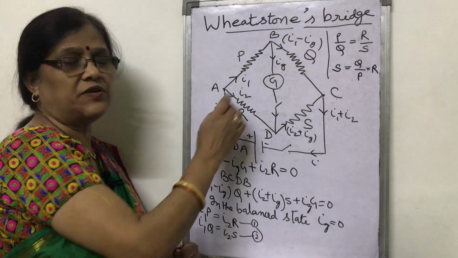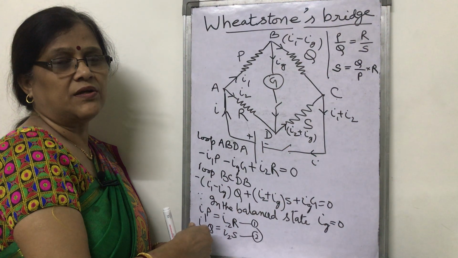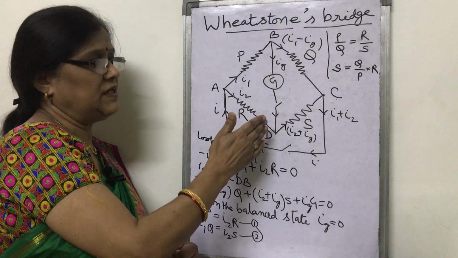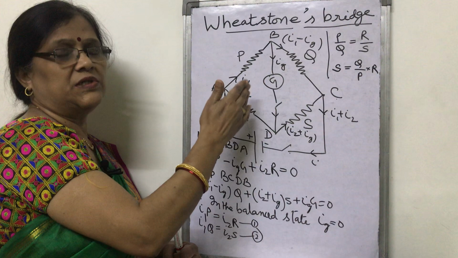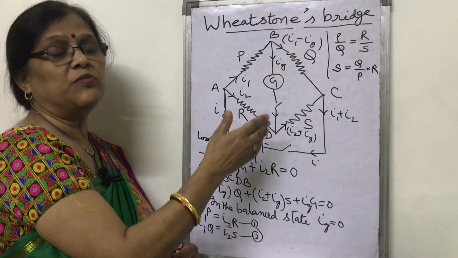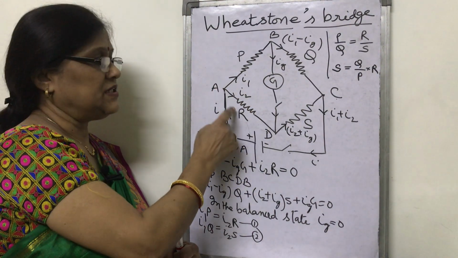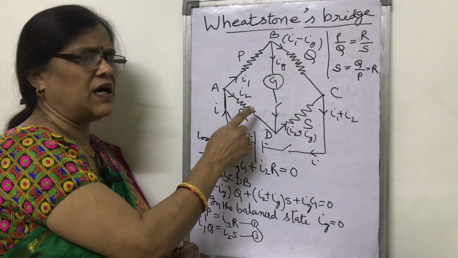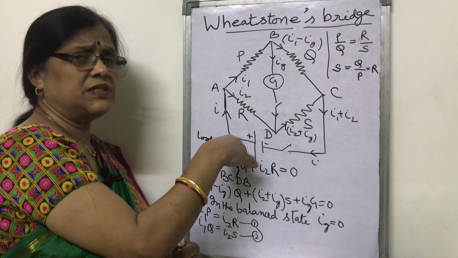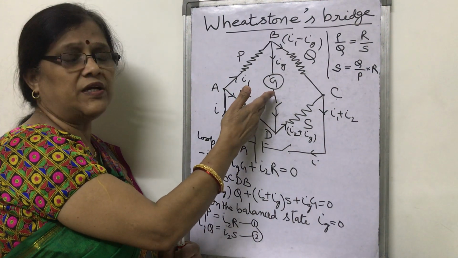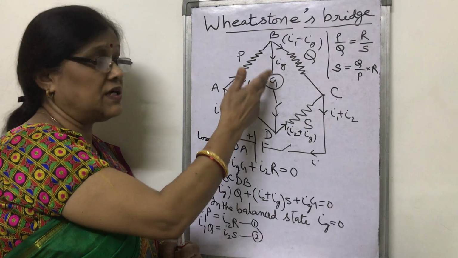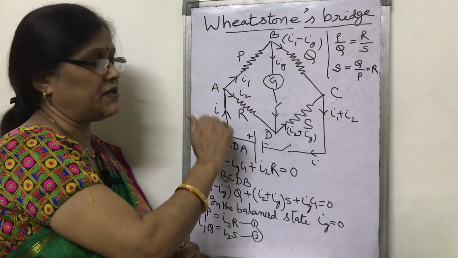A slight change in the known resistance R produces a large deflection in the galvanometer.